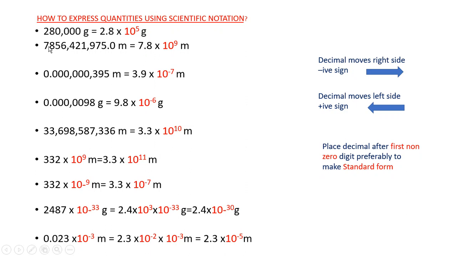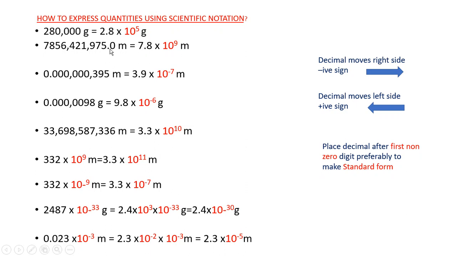When the decimal comes here, it becomes 7.8, and we have jumped 9 places: 1, 2, 3, 4, 5, 6, 7, 8, 9. So we will write 7.8 times 10 raised to the power 9 meter.